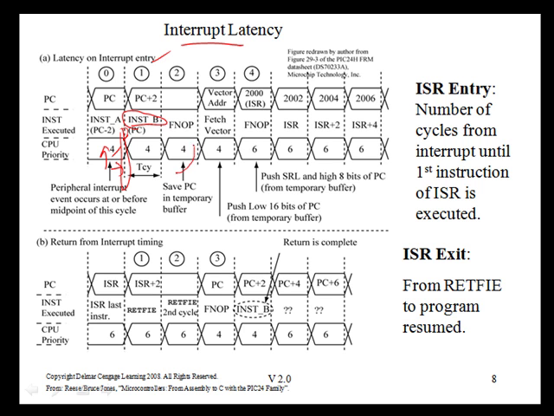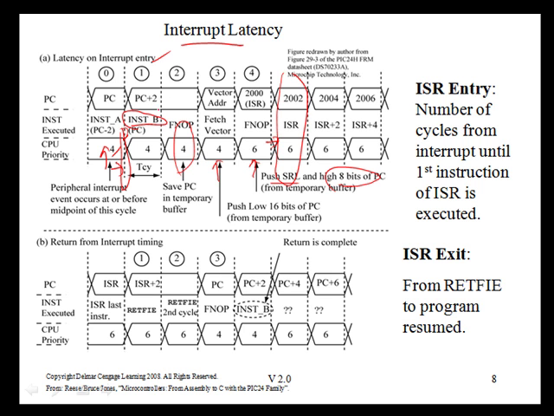We're then going to save the PC in a temporary buffer. We're going to push the low bits of the PC onto the stack. We're then going to push the status register low byte, and also the 8 high bits of the PC, onto the stack as well. And then we're going to execute the first instruction of the ISR.